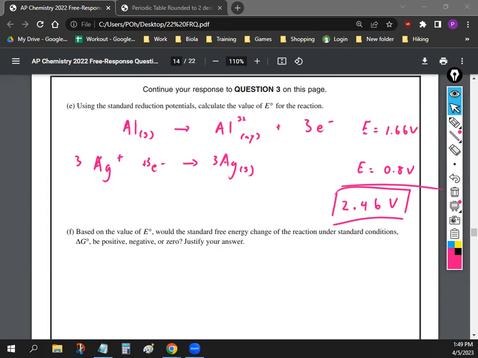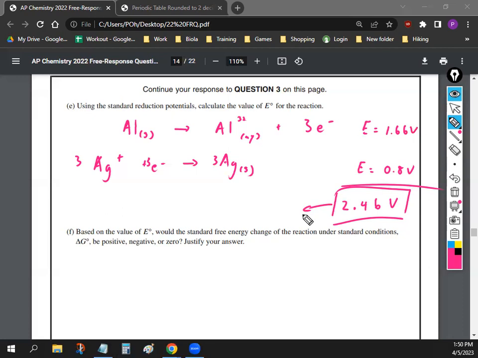Alrighty, let's move on to the next one. So based on the value of E with the standard free energy change of the reaction under standard conditions, will delta G be positive, negative, or 0? Okay, so I'll just give you guys the answer for this one. If the E value is most positive, that means the reaction is going to proceed on its own, right?